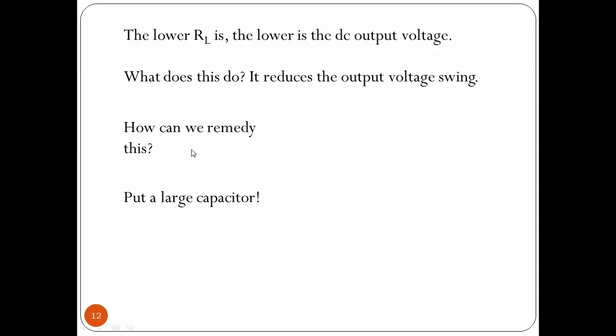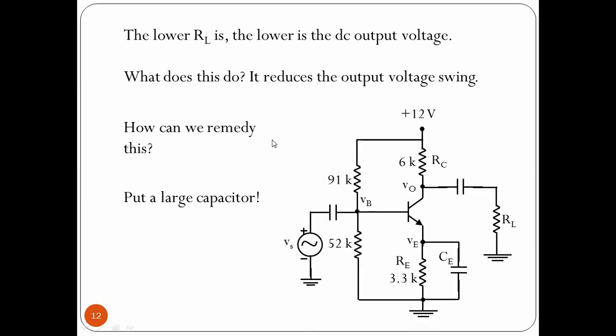Can we do something so that the DC output voltage does not change when a load is connected? Again, the answer is put a large capacitor. So we put a large capacitor between the load and the output voltage.